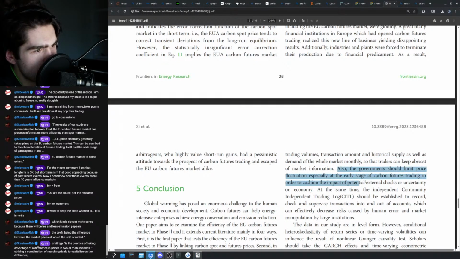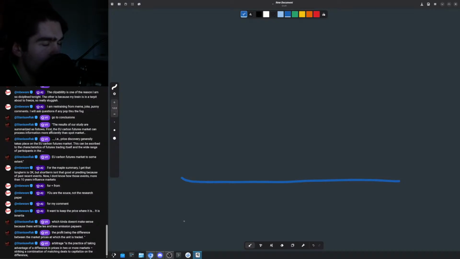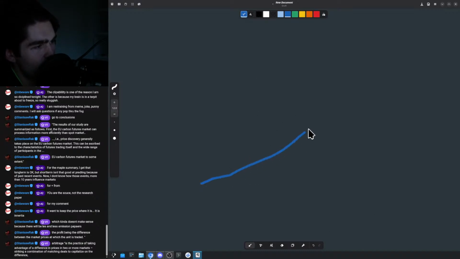Here, when they say the government should limit price fluctuation, especially in the early stage of carbon futures trading, in order to cushion the impact of potential external shock or uncertainty on economy, the idea of futures, when you don't look at it as a purely economic tool, is that if you don't want to get hurt by a fluctuation in the price of a thing, you can buy or sell futures in order to take advantage of the current price of a thing.